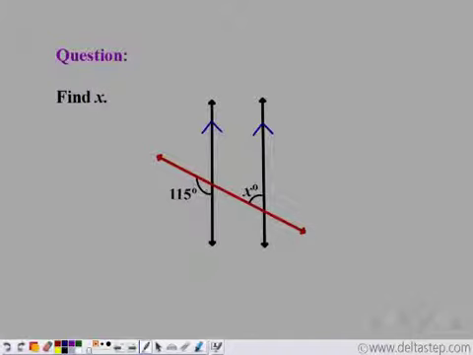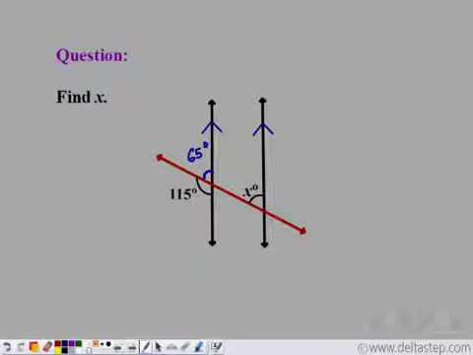Well, if we consider this angle, then 115 degree and this angle are supplementary because they lie on the same line. So this angle is 180 degrees minus 115 degrees, which is equal to 65 degrees.